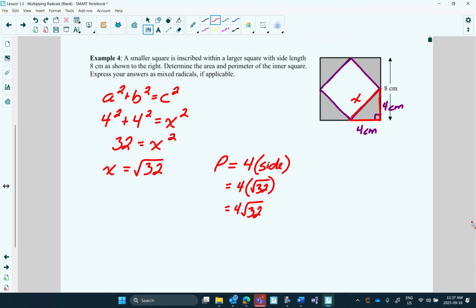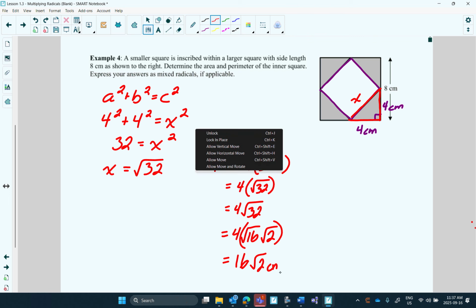Yeah, highest perfect square? 16. So this breaks down to 4 times root 16 times root 2. Well, root 16 becomes 4, and 4 times 4, I can multiply those together. 16 root 2. And units. Perimeter is just length, so centimeters.